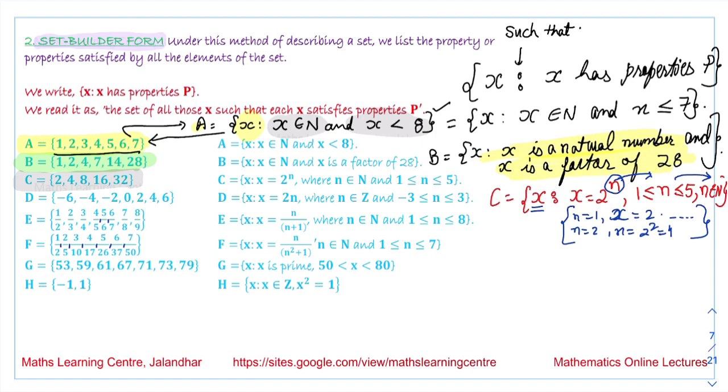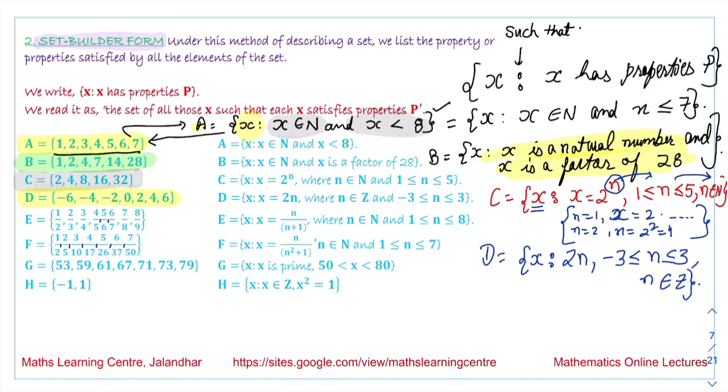Next question we have, D is equal to minus 6, minus 4, minus 2, 0, 2, 4, 6. So these are multiples of 2. So how are we going to write this collection? It is the set D is equal to the elements x, and these are of the form 2n. n is varying from minus 3 is less than or equal to n is less than or equal to 3, and n belongs to Z. Z means the collection of the integers.